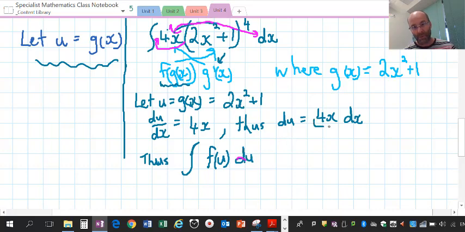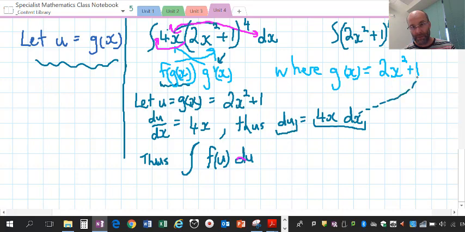Because when we move the 4x dx together, we can replace it with du. Not that you'd write this, but what we did mentally with your superpowers is basically put that there, like that, and you can see we have that replaced with du.